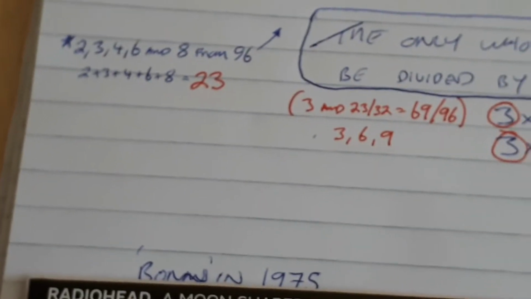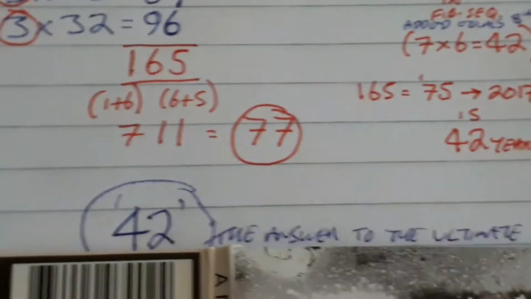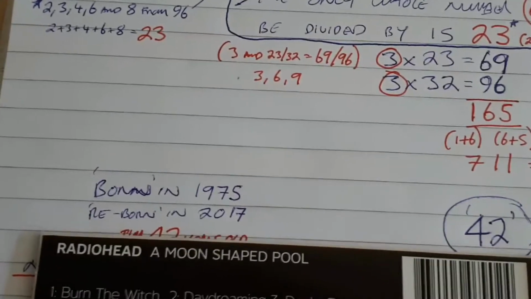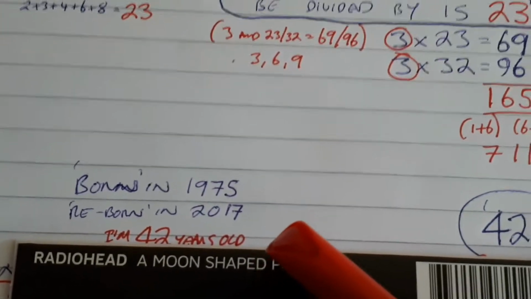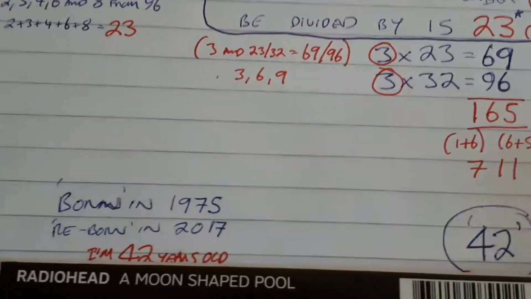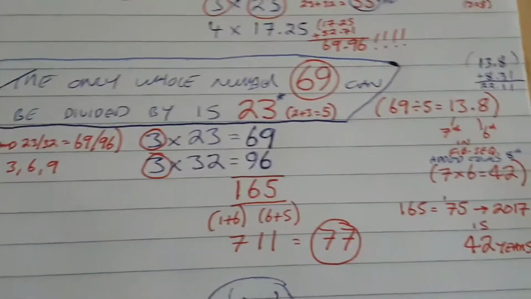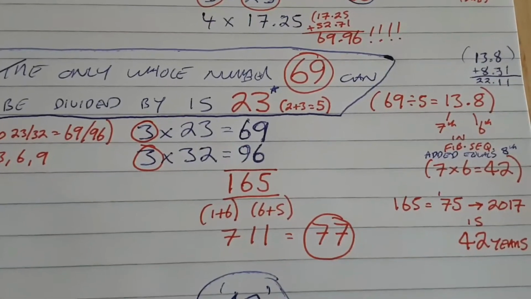42 years is interesting because it's also how old I am this year. I was born in 75, reborn in 2017, 42 years old. Just branching off now from that 42 and the relevance of that.